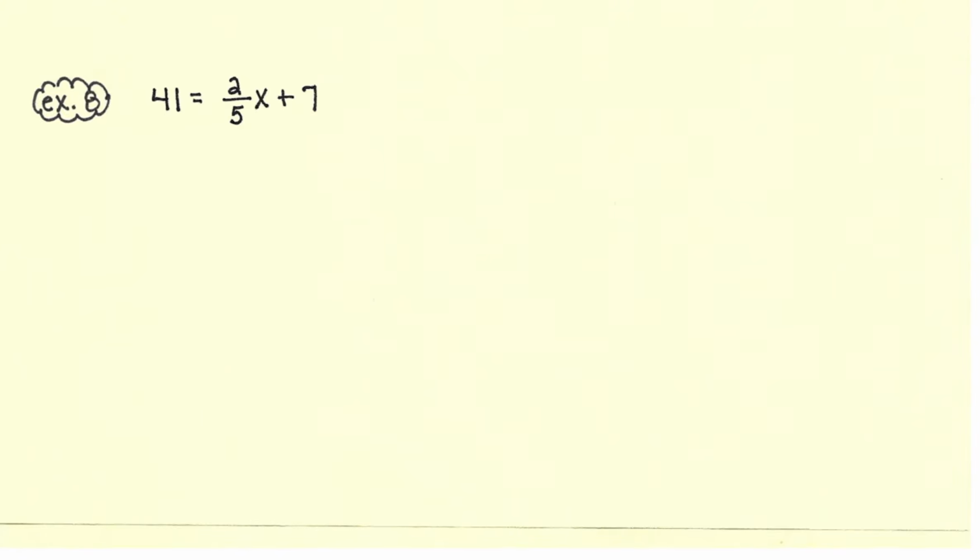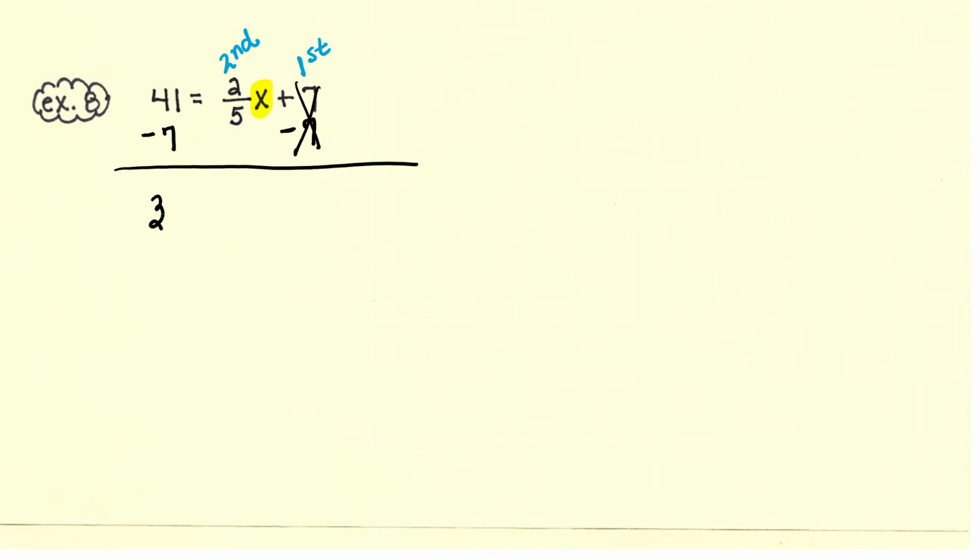Let's look at example 8. I'm trying to solve for the letter, the variable. This is a situation where we go back to, we're doing this first, and then what's attached to the letter, that's what you want to do second. So this is a plus 7, so we're going to subtract 7. Those cancel. 41 minus 7 is 34 equals 2/5 x.